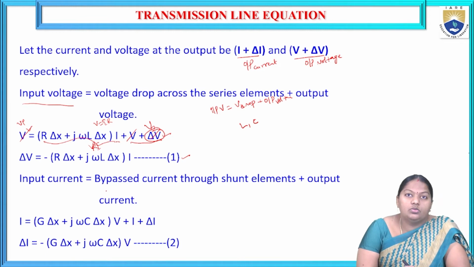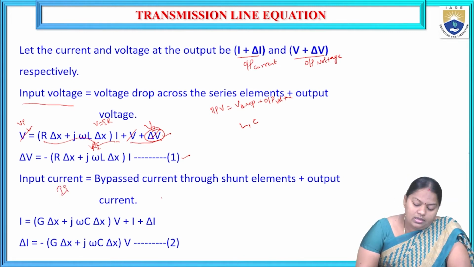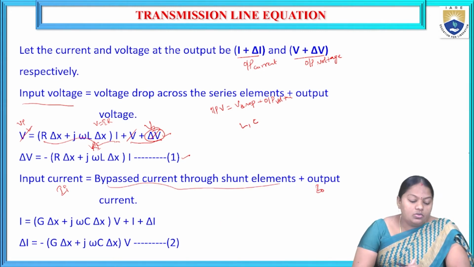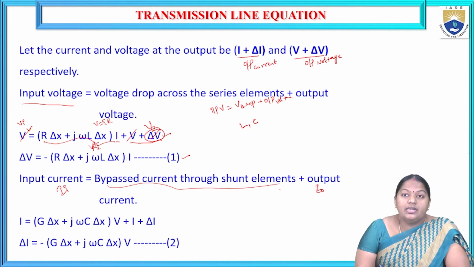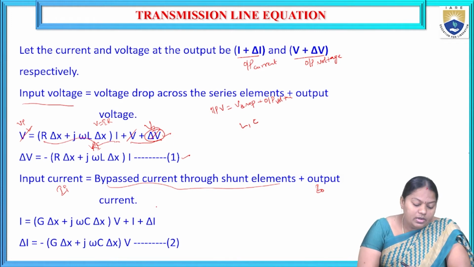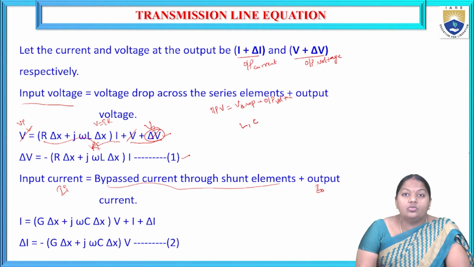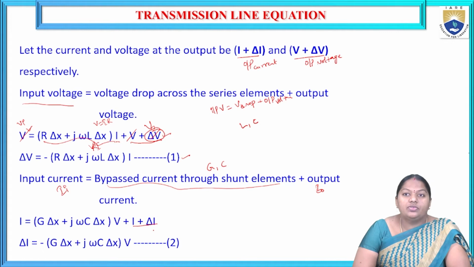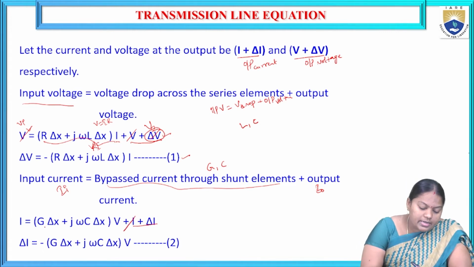Similarly, the input current is equal to the bypassed current through the shunt elements plus the output current. So the input current is I, and it is replaced here. The bypassed current through the shunt elements, conductance G and capacitance C connected in parallel, is G into delta X plus j omega C into delta X. And I plus delta I is the output current. Now on both sides, I and I get cancelled.